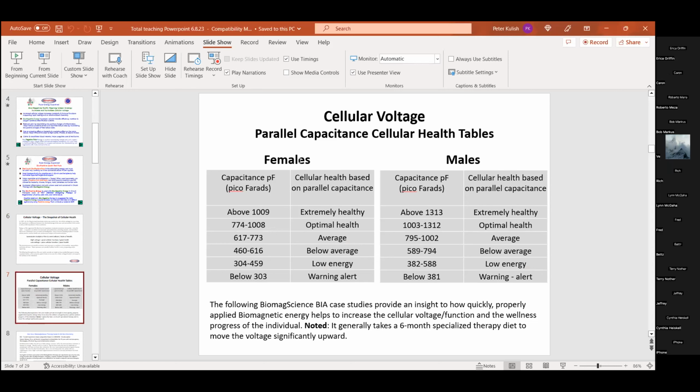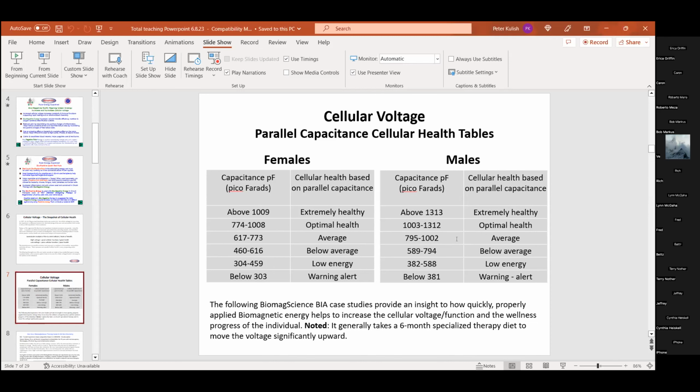You see females' is a little bit different than males'. Males' is a little bit higher. But when you're showing anywhere from the 700s to the thousands on females, in picofarads, you've got good health. Average health runs about 600 to 773, as a matter of fact. You look over here at the men's, it follows the same ratios.